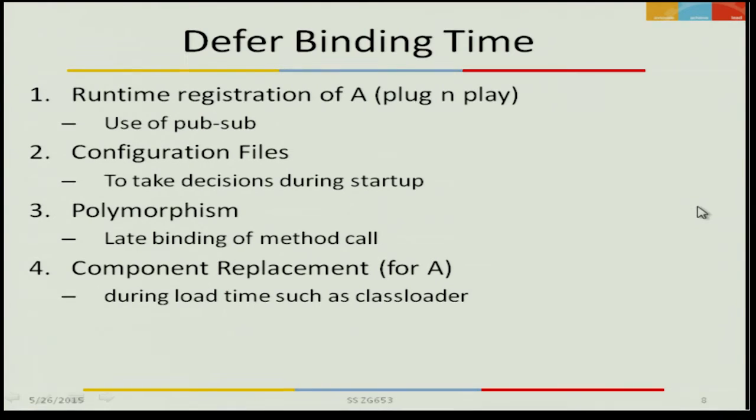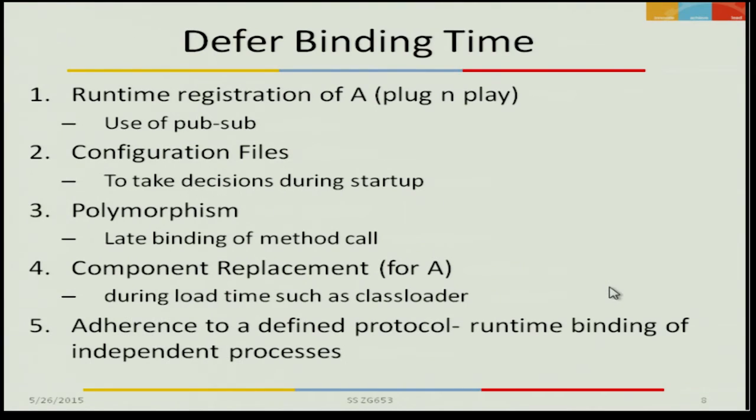So if someone uses a class loader to load a class, then one can choose different versions of a particular class, and therefore one can replace an old version with a new version. Such things are possible if a class loader mechanism is used to load the class, and that can definitely help in component replacement easily.